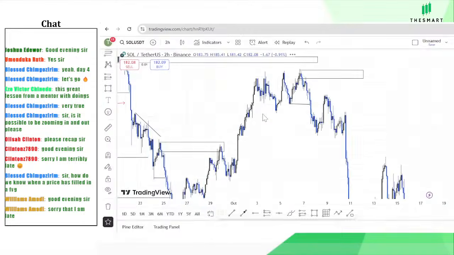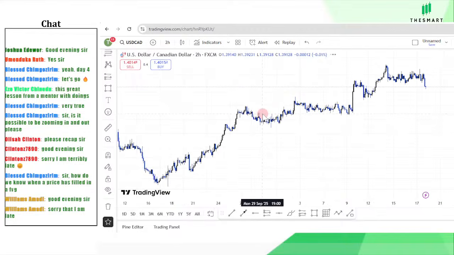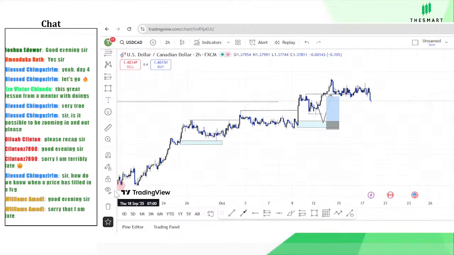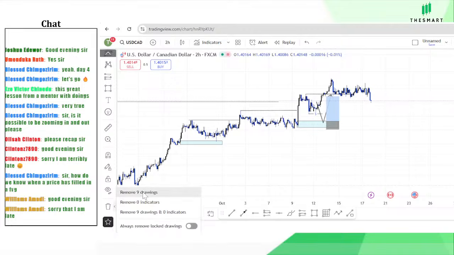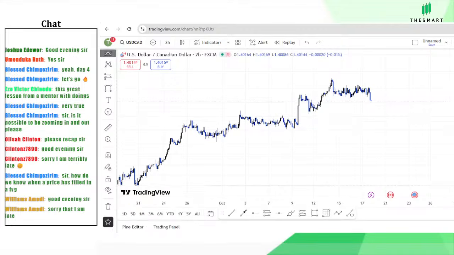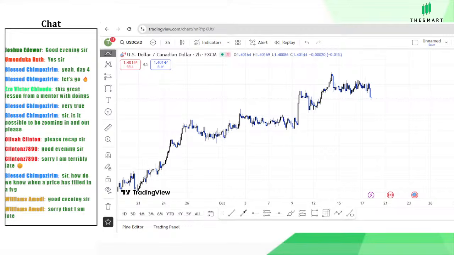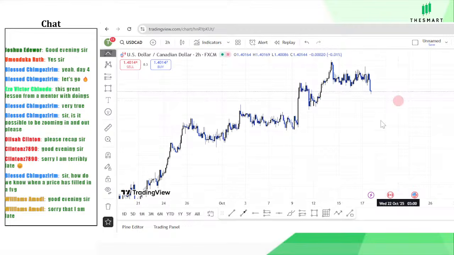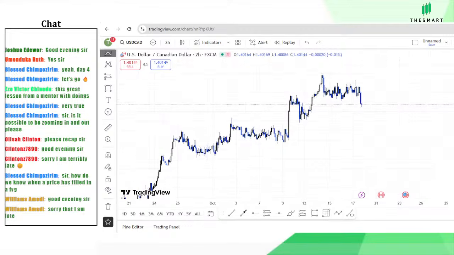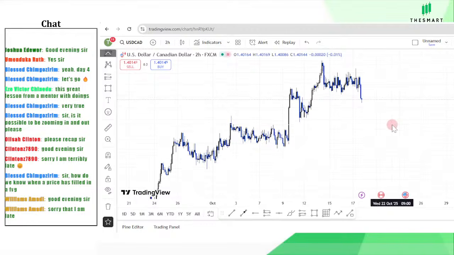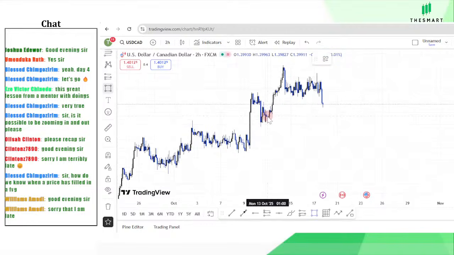Okay, so this is USD CAD. We've done something on this before, but let's still look at something. All right, so I want us to do a sample here.